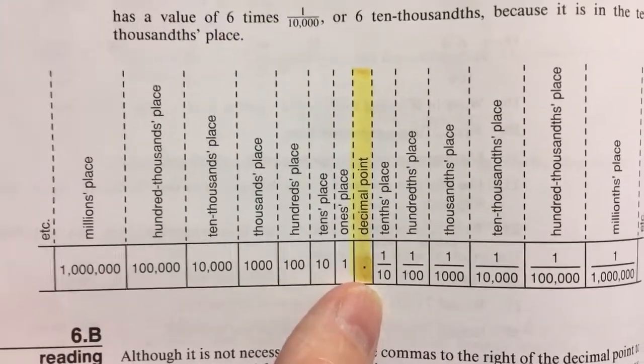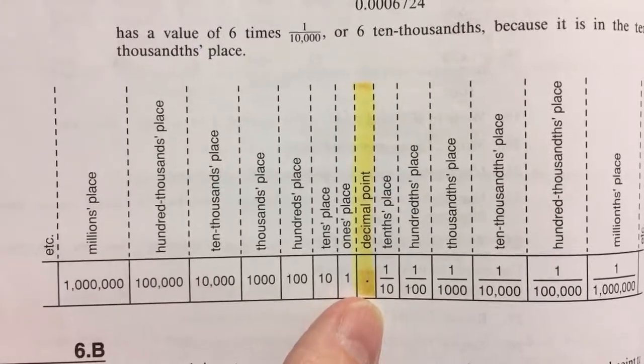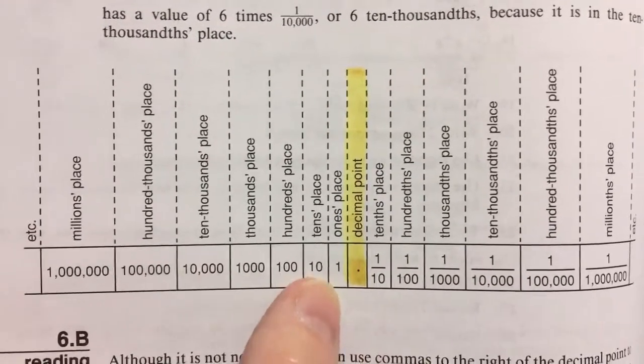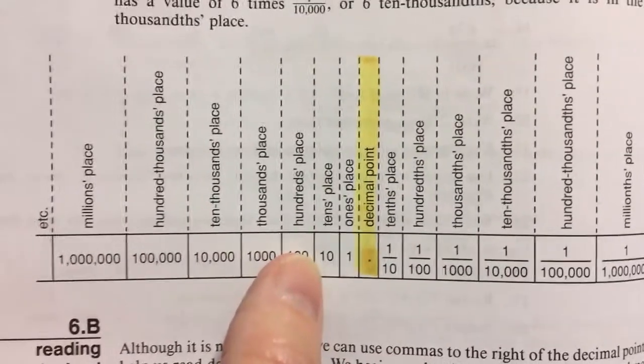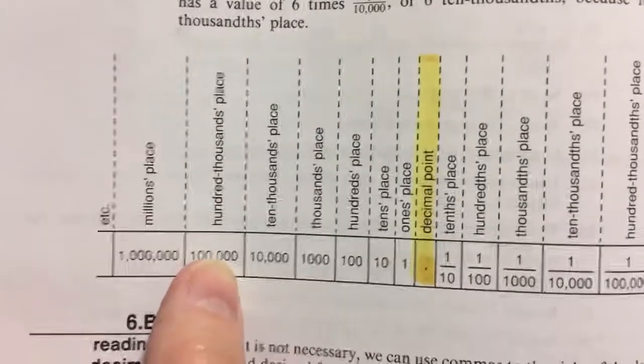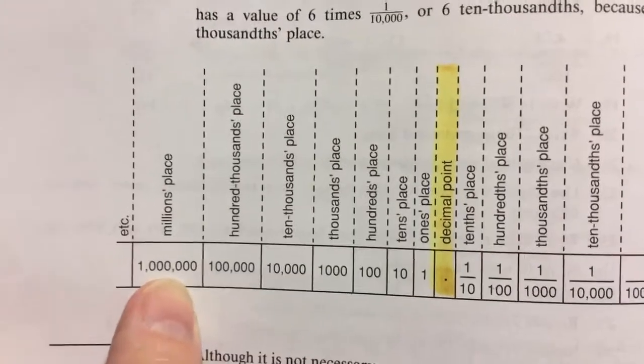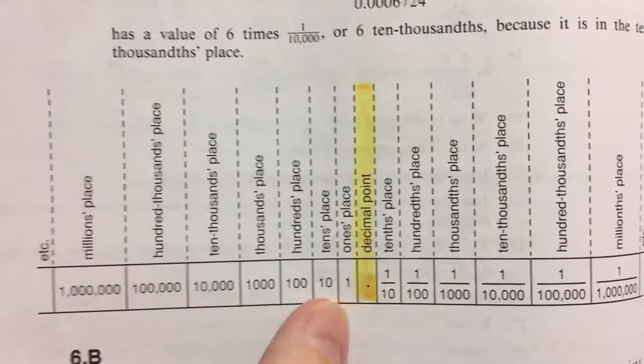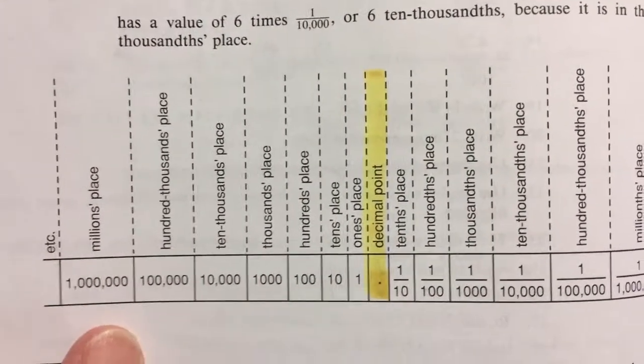As we move to the left, we've already talked about the place value: the ones place, the tens place, the hundreds place, the thousands place, 10,000s, 100,000s, millions. Every time we move one space to the left, we multiply by 10.